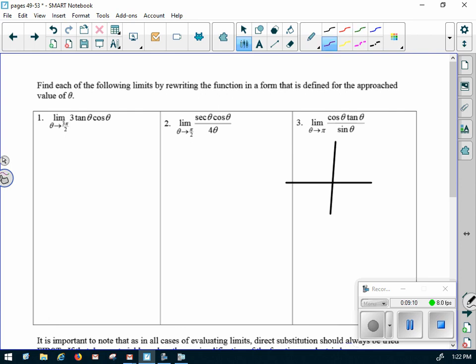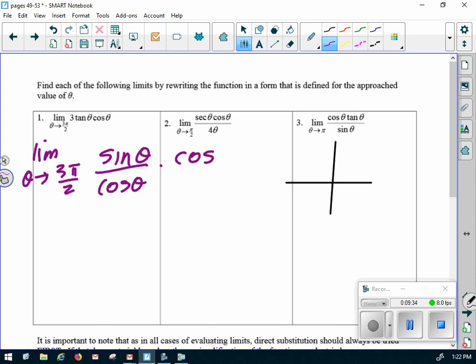We don't have any squared trig functions, so we cannot use the Pythagorean family, but we can rewrite. So this is the limit as theta approaches 3 pi over 2 of the sine of theta over cosine theta times cosine theta.